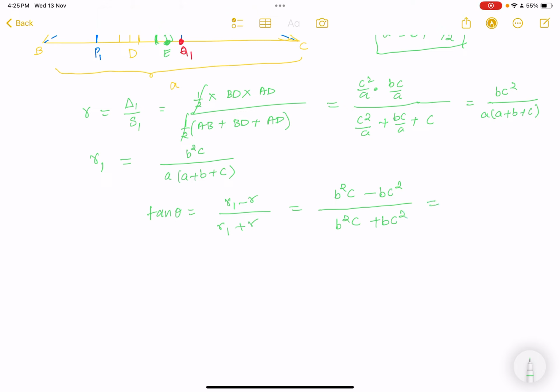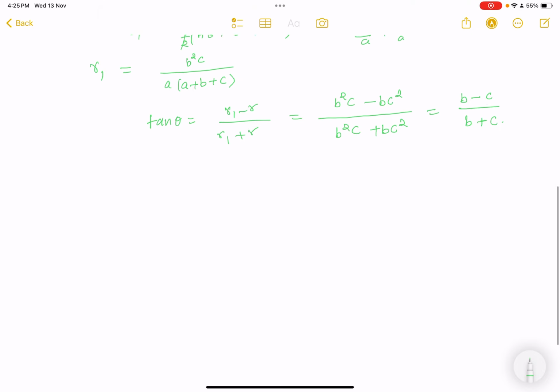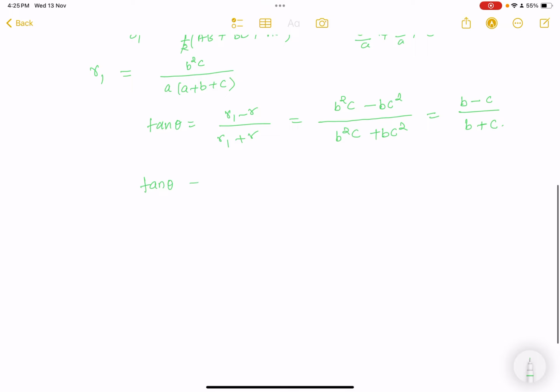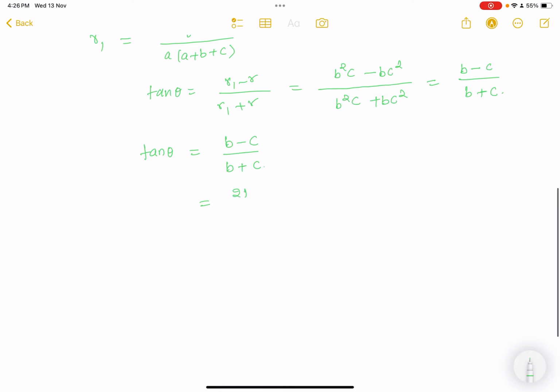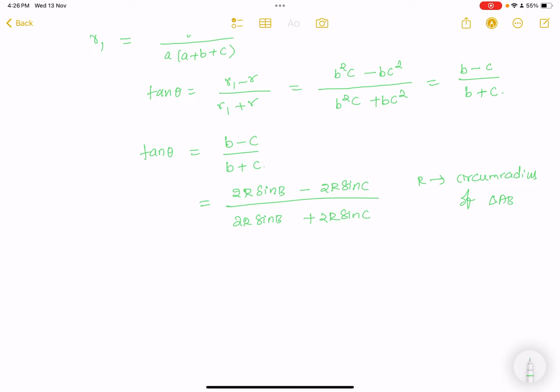Take BC common, so it will be B minus C by B plus C. So tan theta is equal to B minus C upon B plus C. Now what is B? From the sine rule, B will be 2R sine B minus 2R sine C upon 2R sine B plus 2R sine C, where R is the circumradius of triangle ABC.